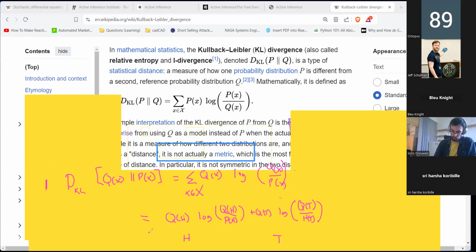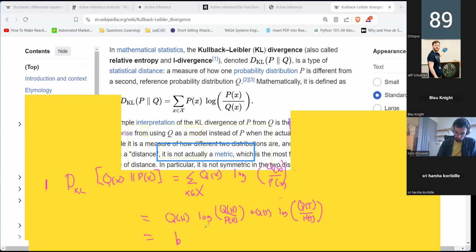So this will be, so Q of H was whatever my bias is. It's a value, it's a number B.